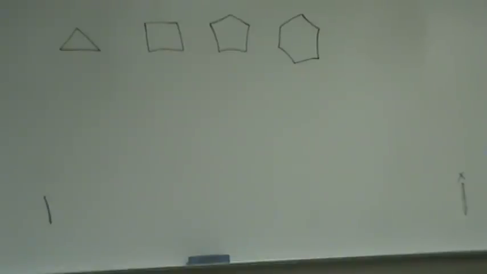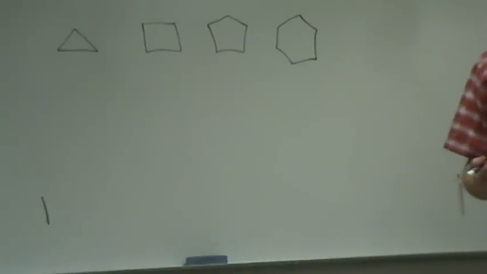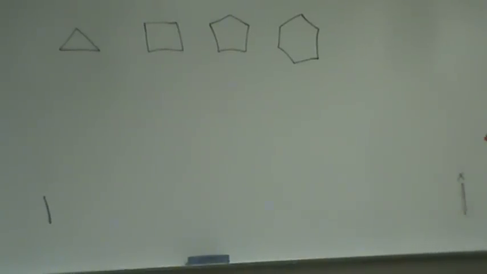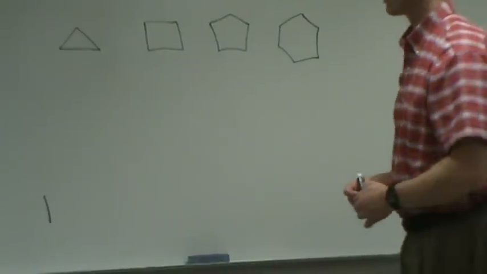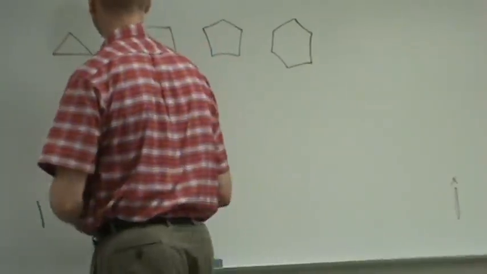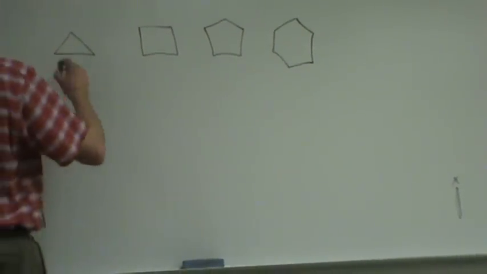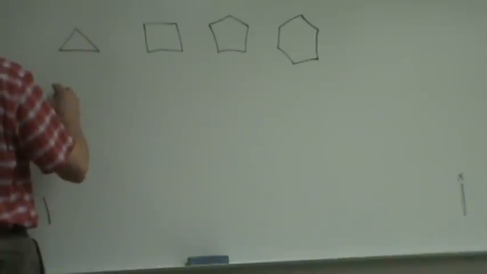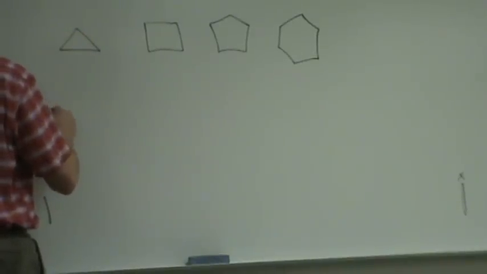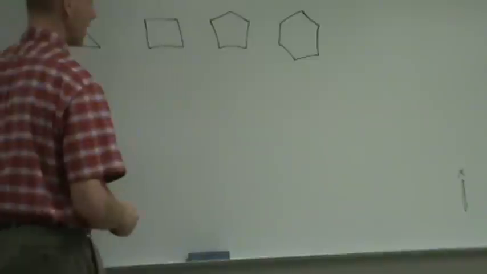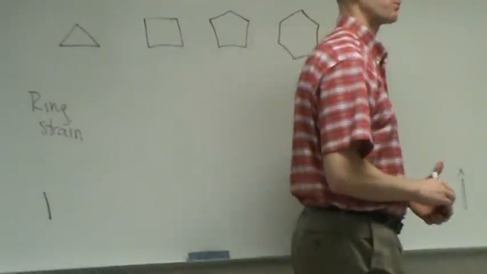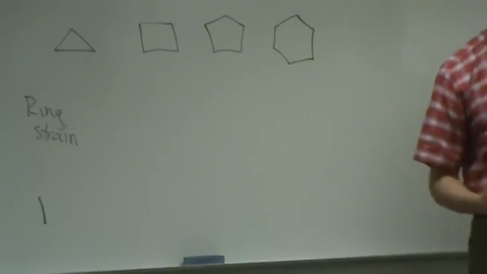We want to look at the energies of these things. How stable are these things? Well, these molecules, when you get to cyclic molecules, can have what are called ring strain. Because a molecule is cyclic, you can have strain associated with it.